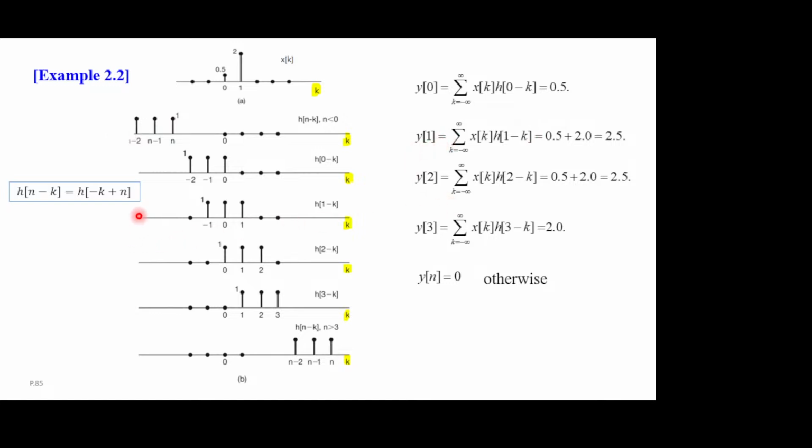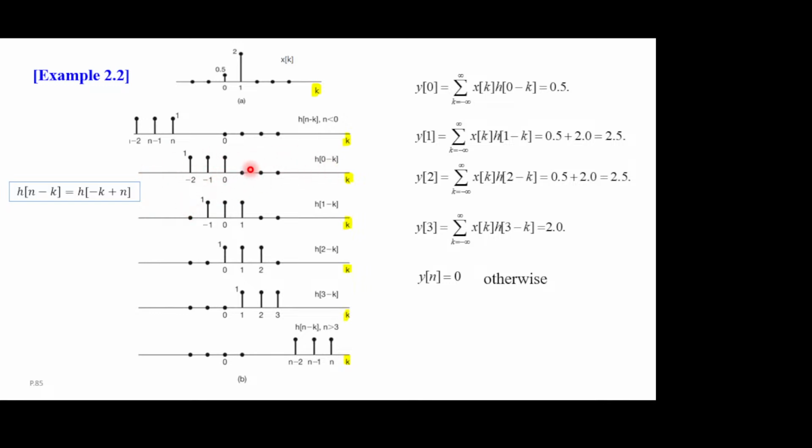Okay, so let's see a less trivial example. Let's say when n equals 0, then your h of n minus k looks like this, because you don't have n, so this is just a k reversal of your h.